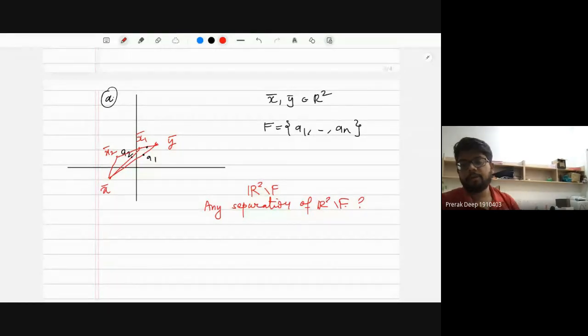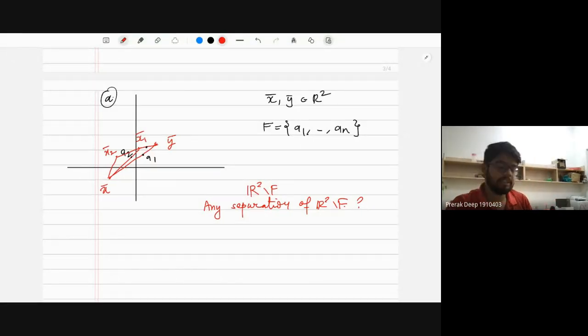So an arbitrary union of path connected spaces is path connected if the intersection of all the path components is non-empty. And once you get path connectedness, path connected implies connectedness. So then you are done. Okay.